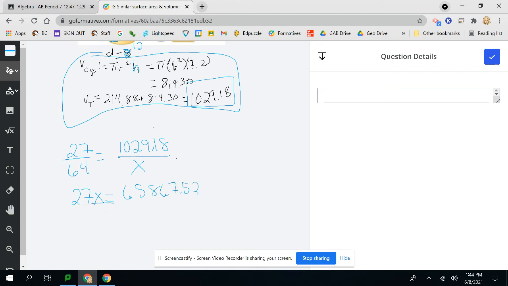I divide both sides by 27, and my volume is 2439.54 when I round to the nearest hundredth. I think we were only rounding to the tenth though, and that's centimeters cubed.